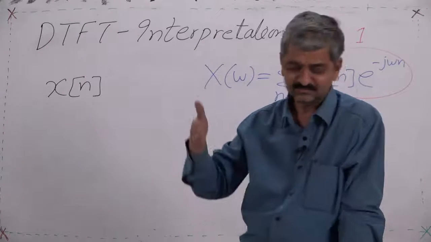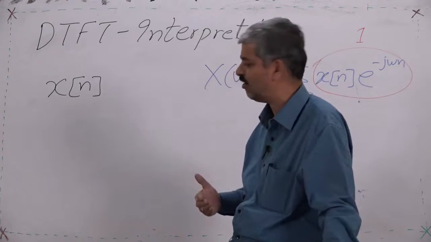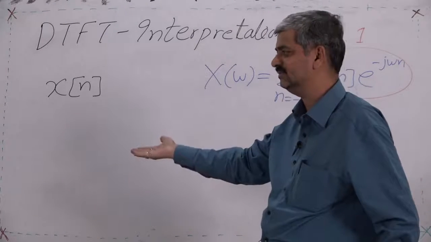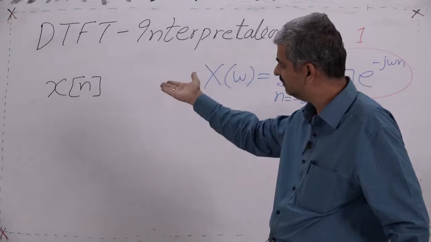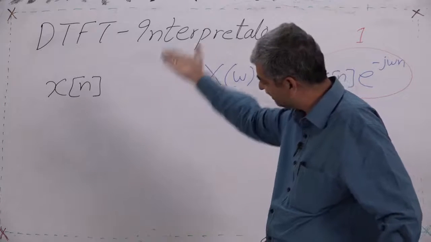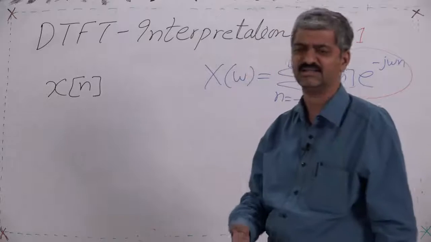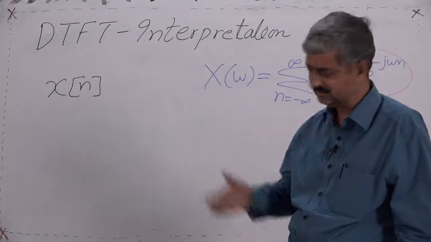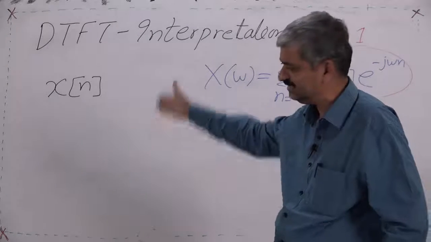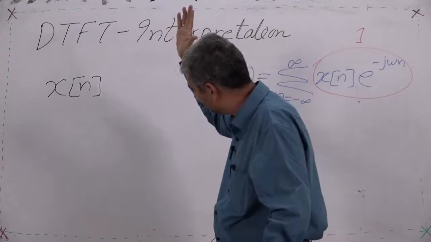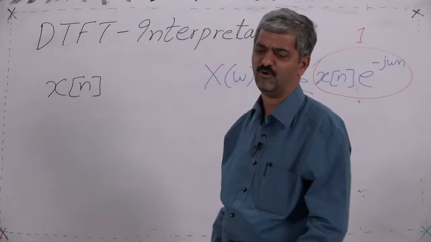Like that, when I find the discrete time Fourier transform, I try to visualize that it cannot contain anything other than rotating points. It is a combination of multiple rotating points.